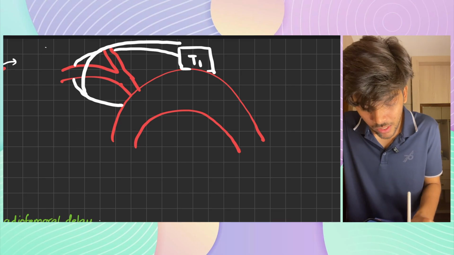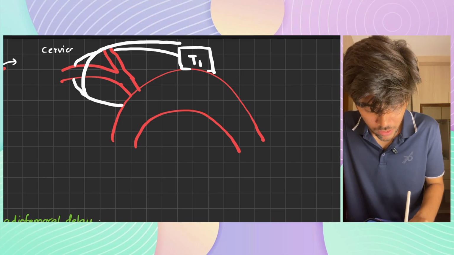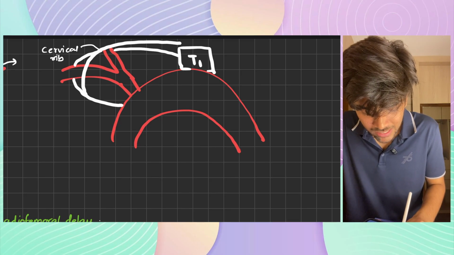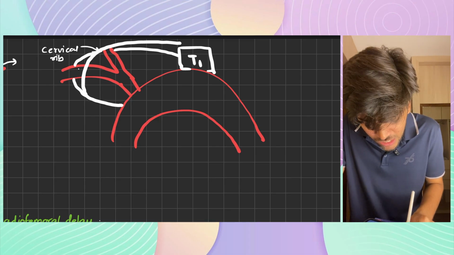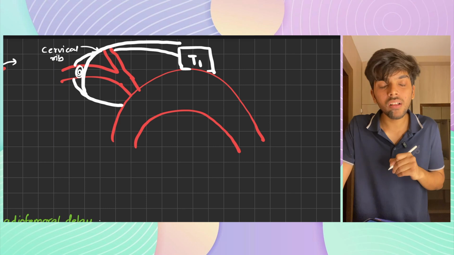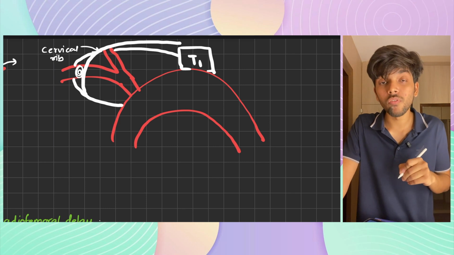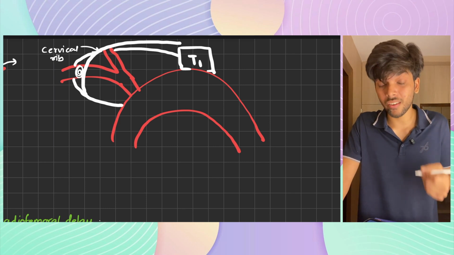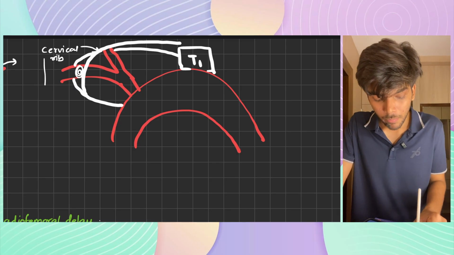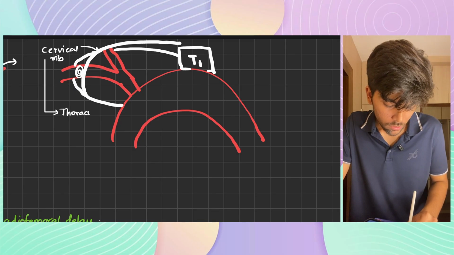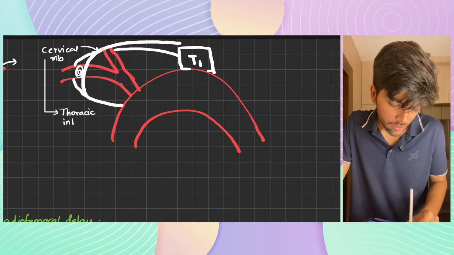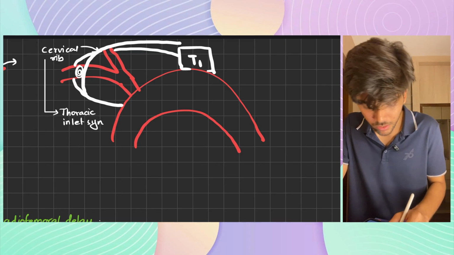This is your cervical rib. As a result, the subclavian artery gets squeezed in between the cervical rib and the first thoracic rib or the first rib. This is a part of thoracic inlet syndrome.